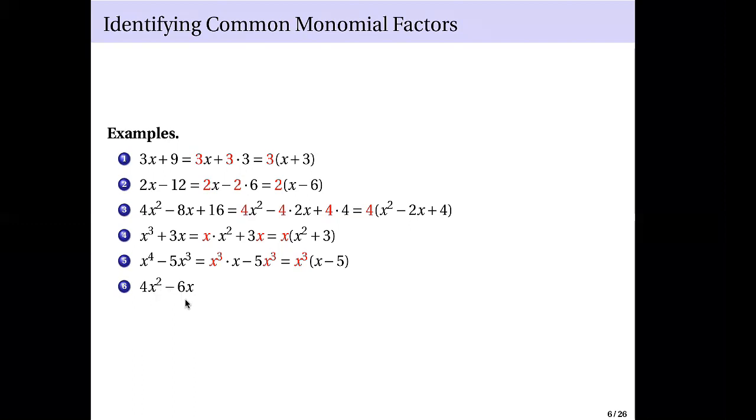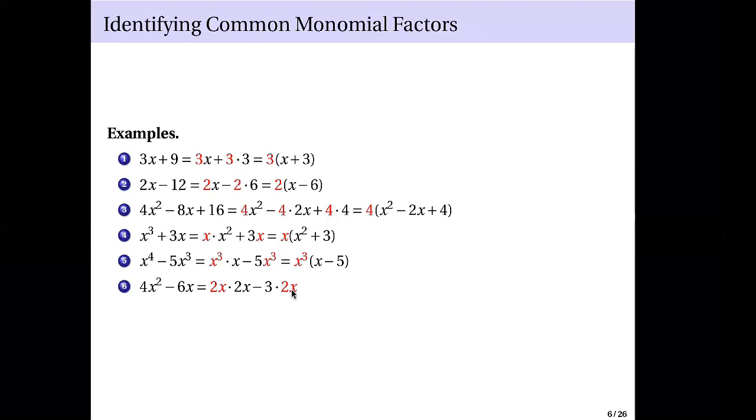Furthermore, x squared and x have a common factor, x, because x squared can be written as x times x, and of course, x is just x, which means that this, we rewrite as 2x times 2x minus 3 times 2x.